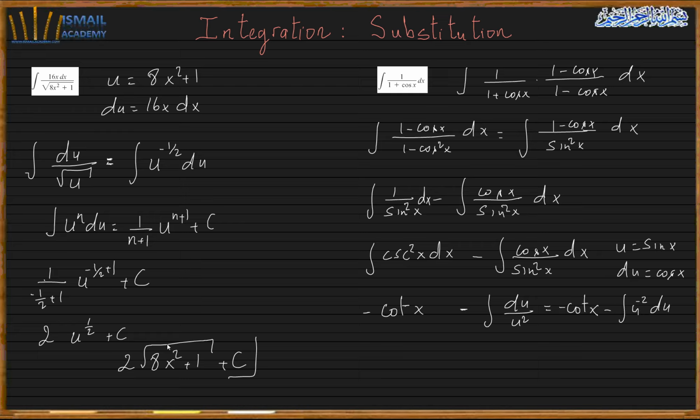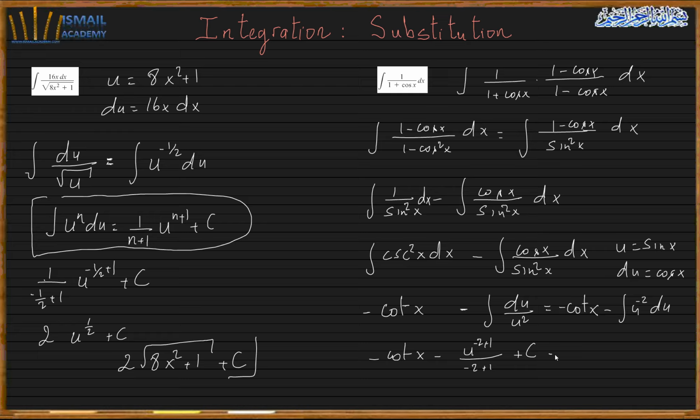So I do the same thing using that formula. I will have minus cotangent x minus, so it's going to be u to the minus 2 plus 1 over minus 2 plus 1, plus c.